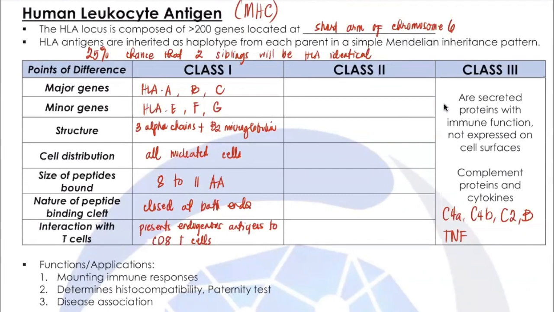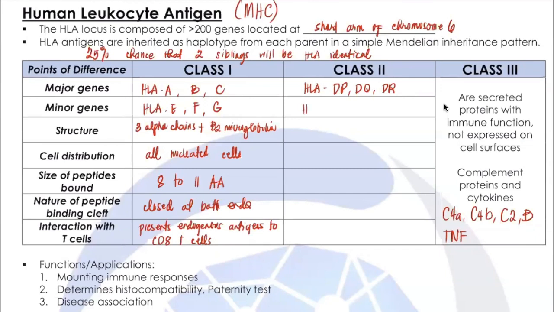Okay? Now, yung class 2 naman natin, yung mga major genes niya includes HLA-DP, DQ, and DR. And katulad din ng ating class 1, meron din siyang mga alleles within a specific locus. And meron din siyang mga minor genes.